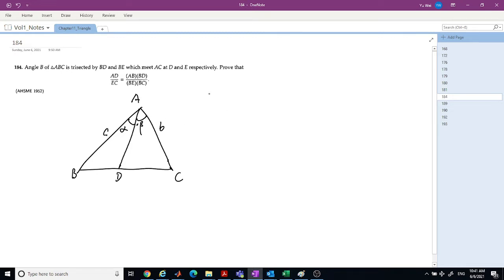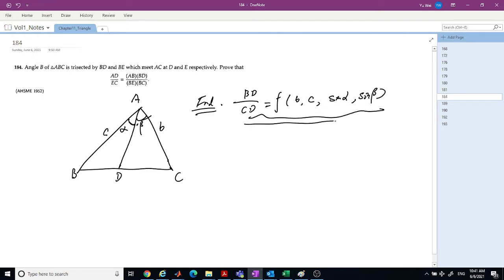So we want to find BD over CD in terms of b and c and the sine of the splitting angles alpha and beta. So first, you can see the area of triangle ABD over the area of triangle ADC is equal to BD over CD, right?